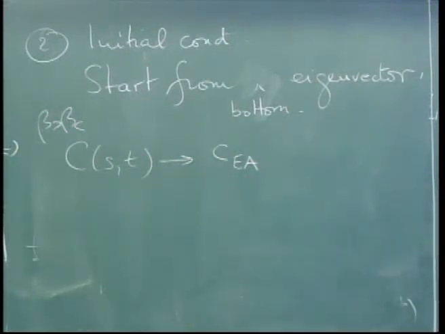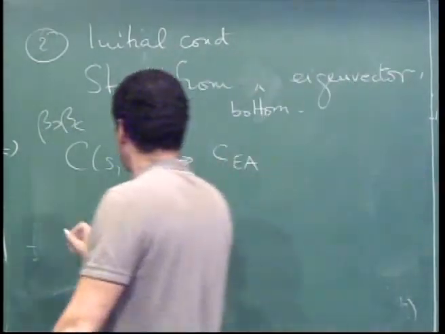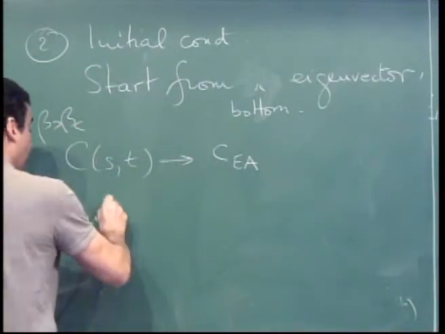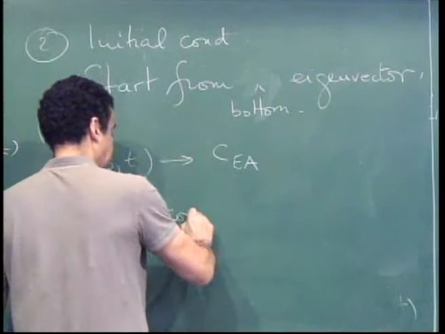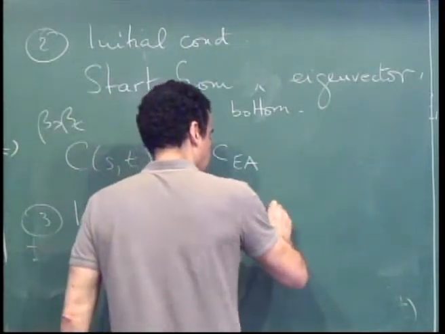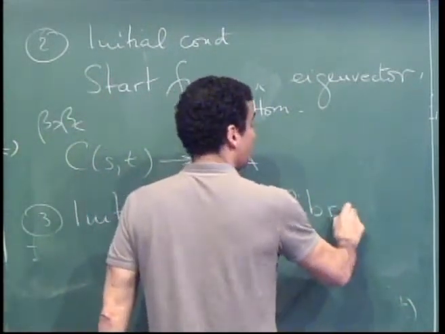And finally, what you can also do is start from the stationary, the invariant measure. So the third condition: you are really at equilibrium. The model is so simple that you can study everything.